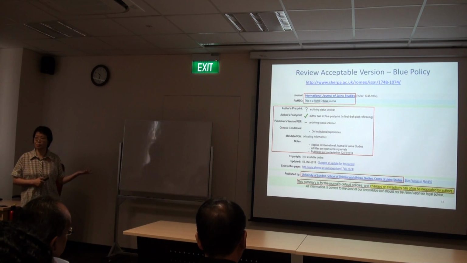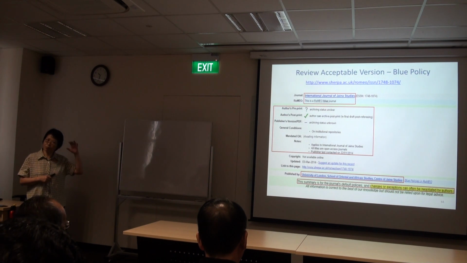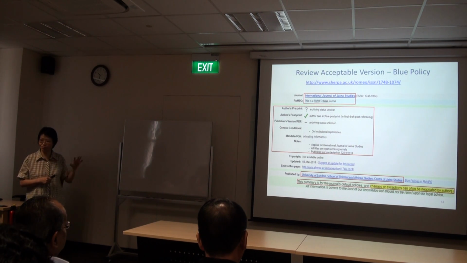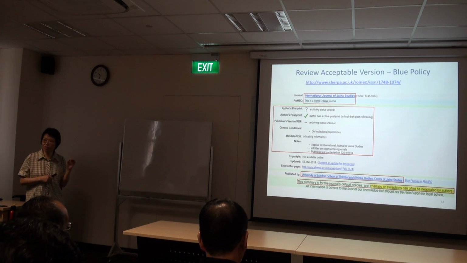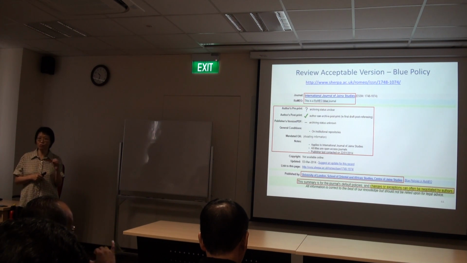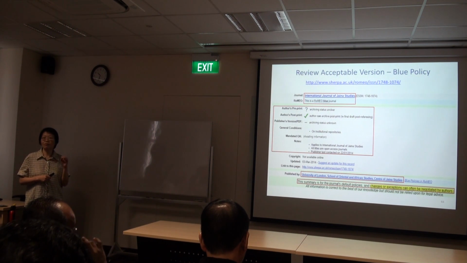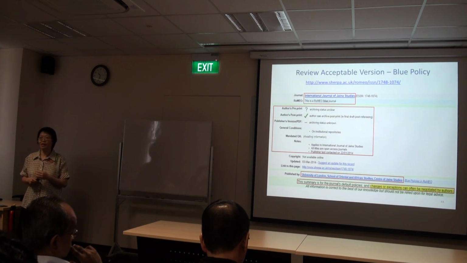So it is journal specific in that sense. Publishers may adopt a default policy. However, for specific journals, there might be variations and additional conditions. And this is especially so, we notice, for journals that are published in association with institutions and associations.